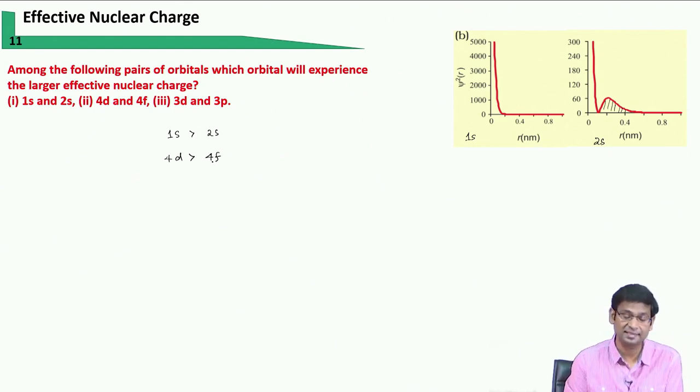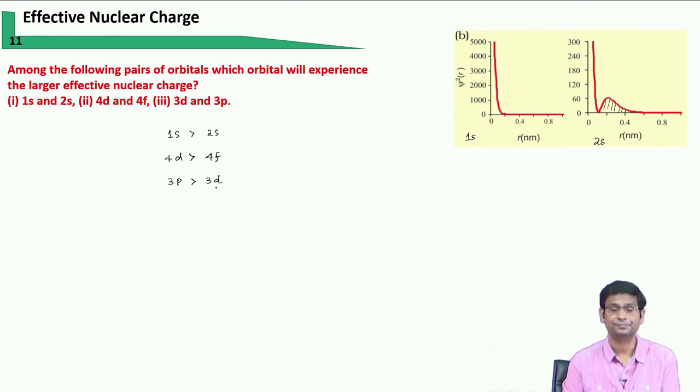If I compare 3d and 3p, the argument is again the same. The 3d orbital has l equals 2, which is more diffused compared to the 3p orbitals whose l equals 1. And remember, we are doing this only when the principal quantum number n is the same. So 3p will experience more effective nuclear charge than 3d.